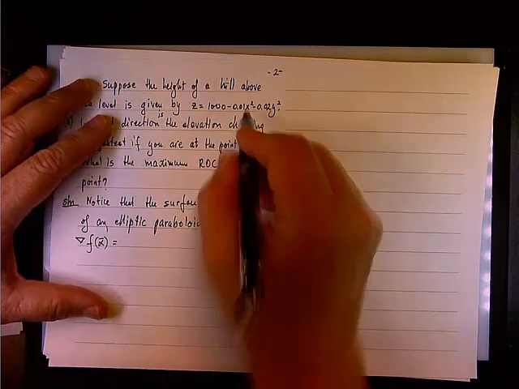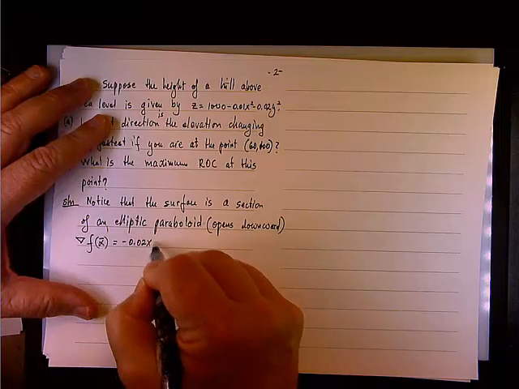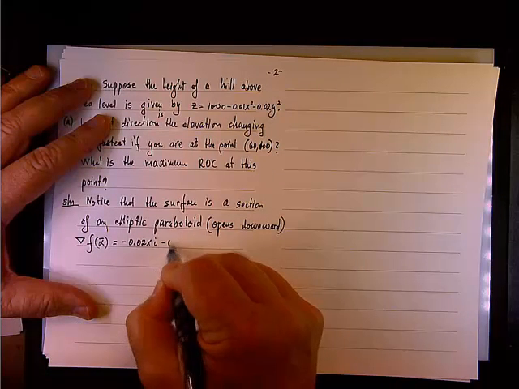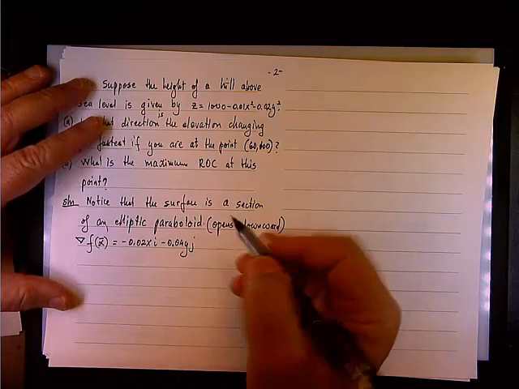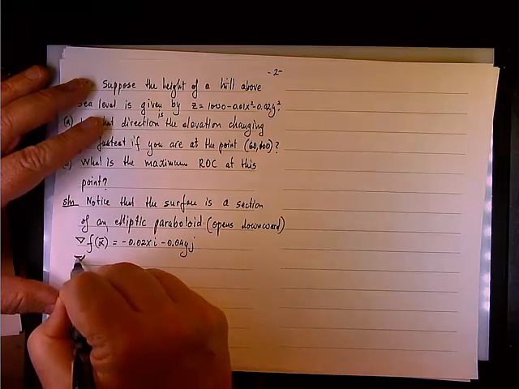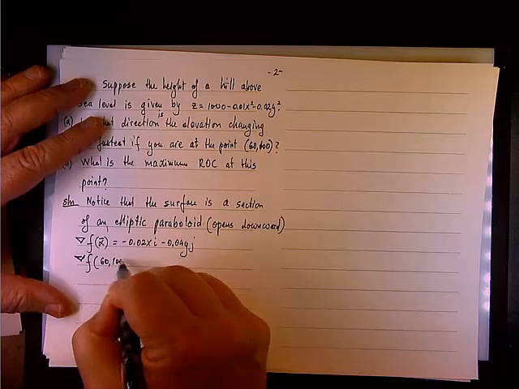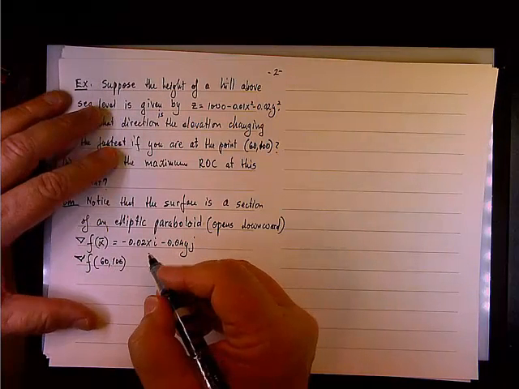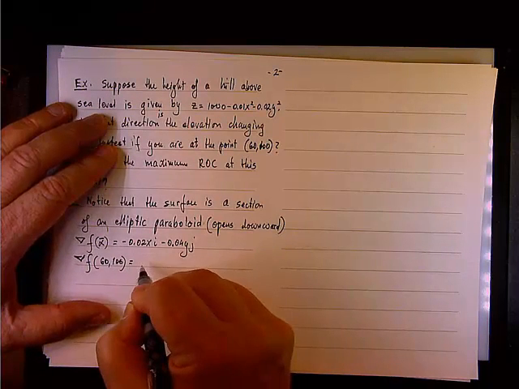what is the gradient? So del f of x bar equals the derivative here will be negative 0.02 x in the i direction, then negative 0.04 y in the j direction.